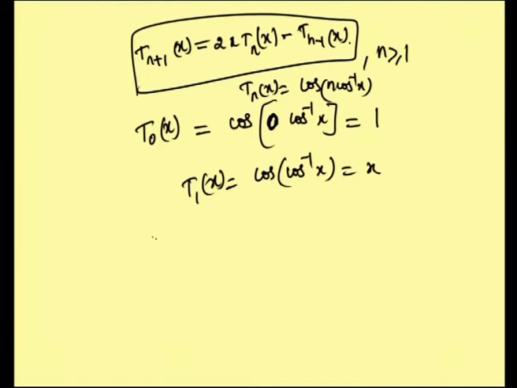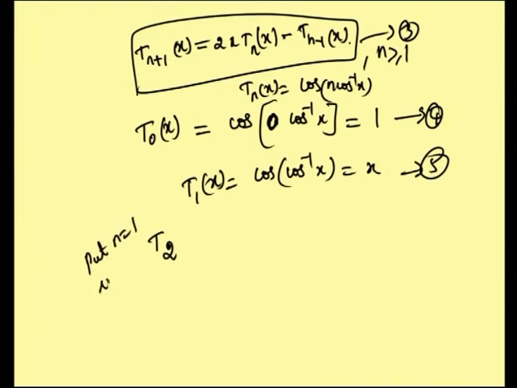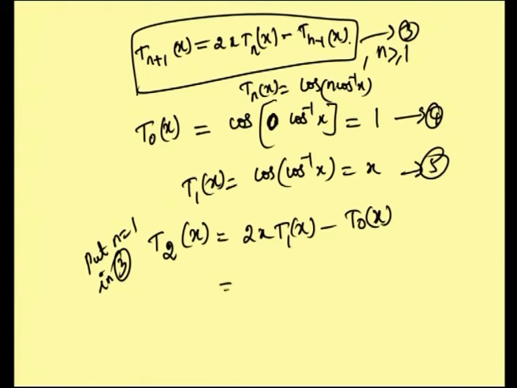From this we can find T2 of x from equation 3. Put n equal to 1 in equation 3: we get 2x T1 of x minus T0 of x. Now substitute for T1 of x and T0 of x from equations 4 and 5, we get 2x into x minus 1. So 2x square minus 1 is T2 of x.